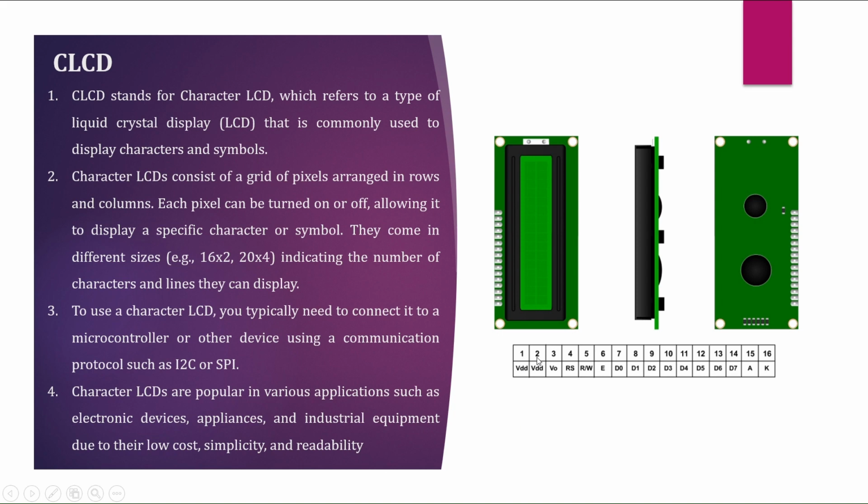Pin 1 and pin 2 are for VDD, pin 3 is for V0, pin 4 is for RS, pin 5 is for RW, that is read write operation, pin 6 is for E, and pins 7 to 14 are data pins, that is D0 to D7. Pin 15 is A and pin 16 is K, that is anode and cathode.